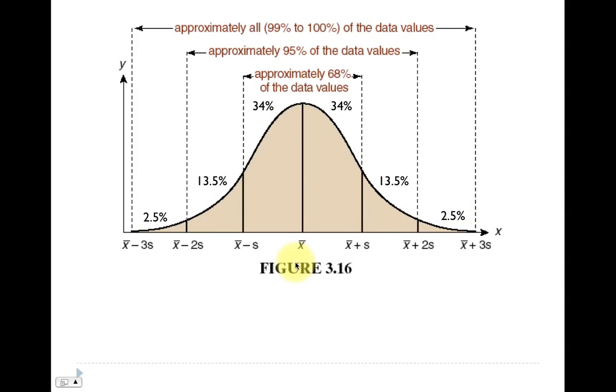If we label the horizontal axis using the mean of 25 and a standard deviation of 3, we'll get values 25, 28, because 25 plus 3 is 28, plus 3 is 31, plus 3 is 34. 25 minus 3 is 22, minus 3 is 19, minus 3 is 16.